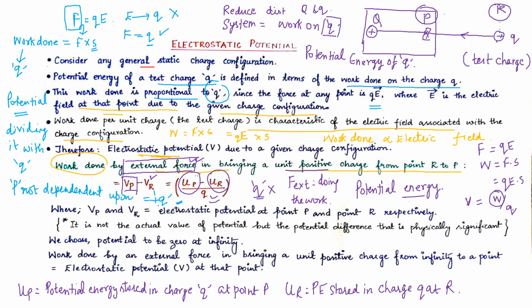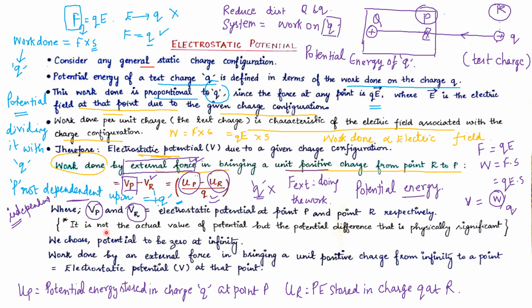So we made it charge independent. Okay, our potential is charge independent, where Vp and Vr are electrostatic potential at point P and at point R respectively.